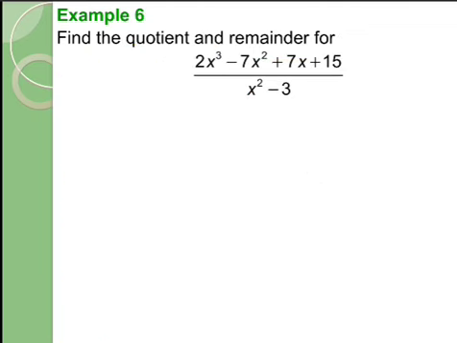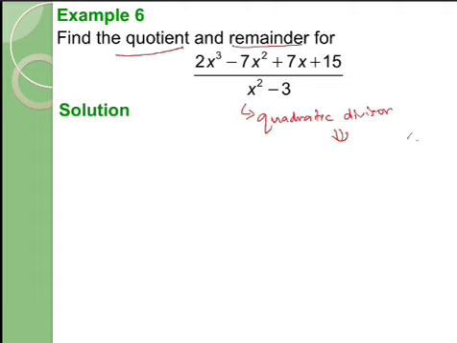Now look at example 6. We also want to find the quotient and the remainder, so we have to do the long division. And now the divisor is quadratic because the highest power is 2. The highest degree is 2. So remember the rule of thumb. If the divisor is quadratic, what will be the remainder?